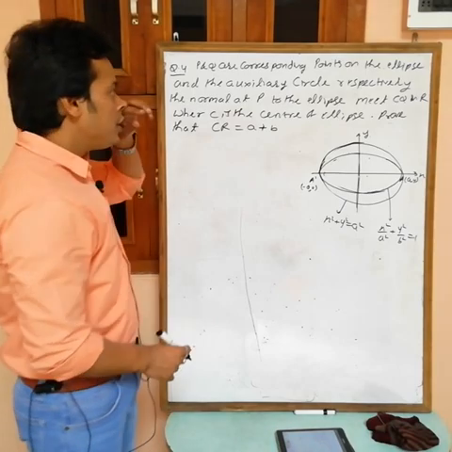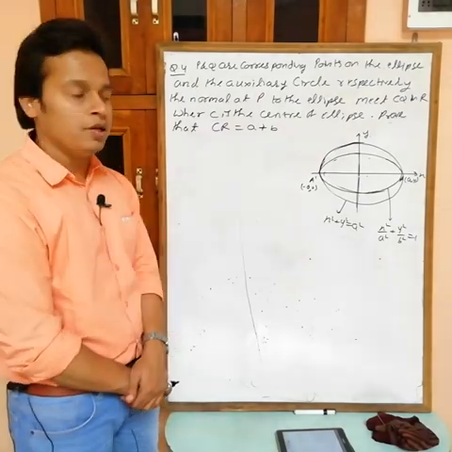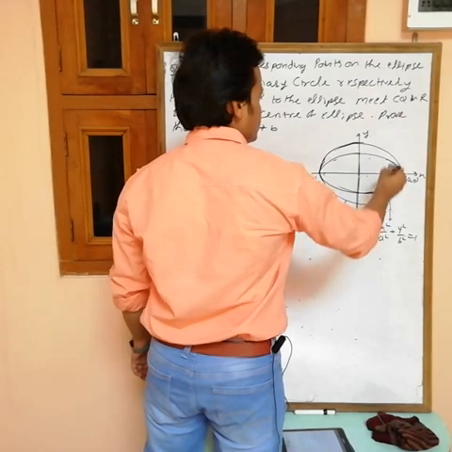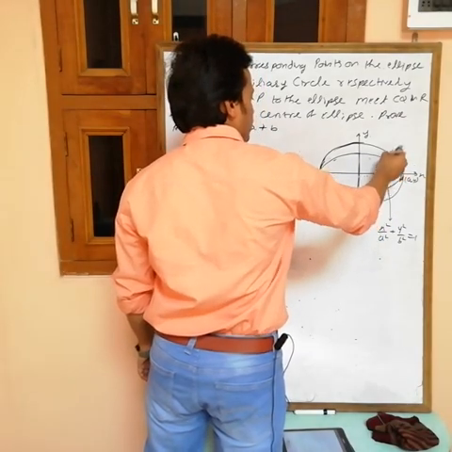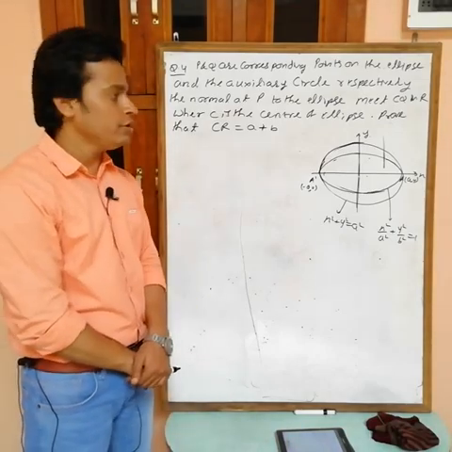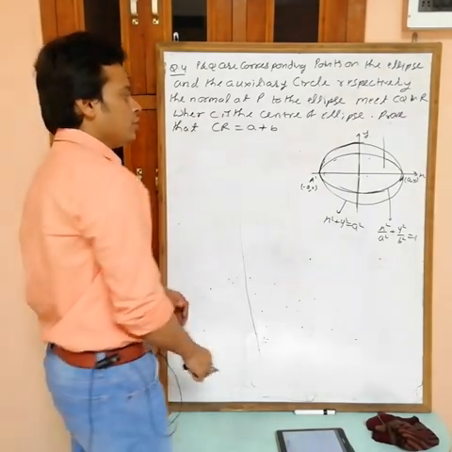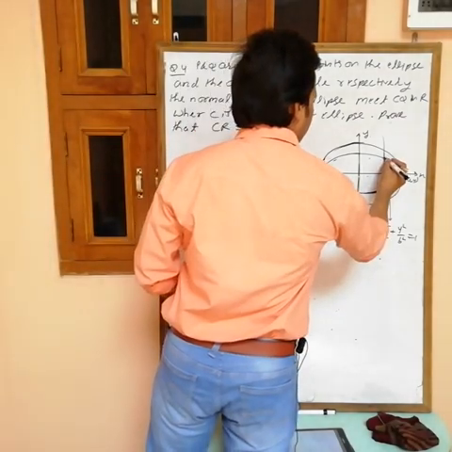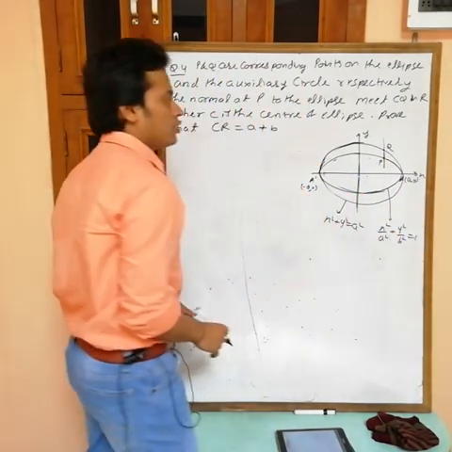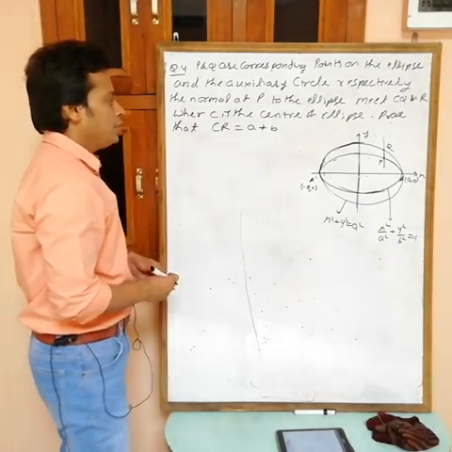Okay. Now P and Q are the corresponding points on the ellipse and auxiliary circle. So what is the corresponding point? Actually these things are done at the starting of the ellipse. But if you draw an ordinate, then this ordinate intersects both curves at 2 points, and these 2 points are known as corresponding points. So suppose this is P and this one is Q. Okay, can you find P?